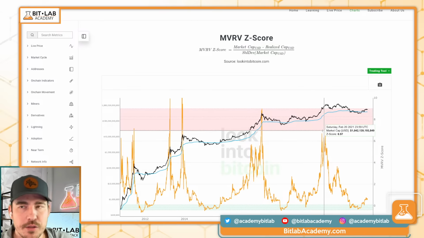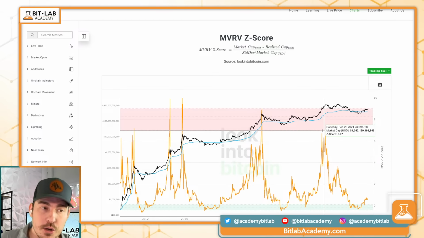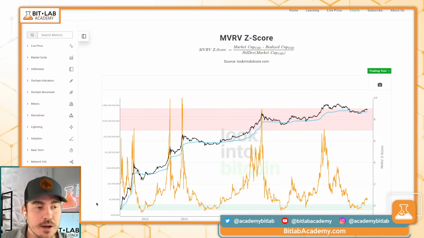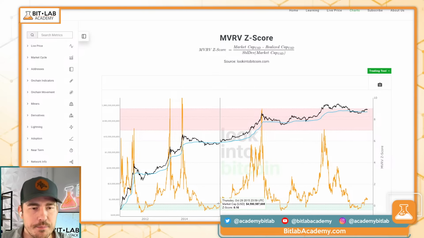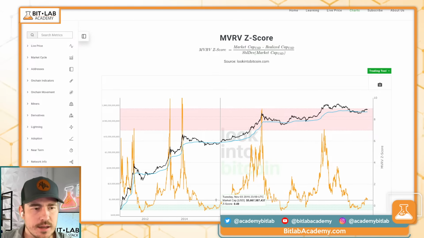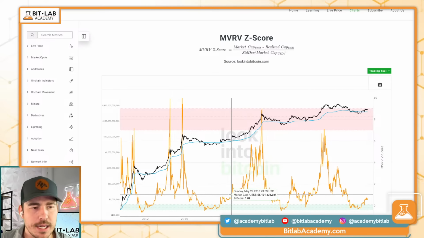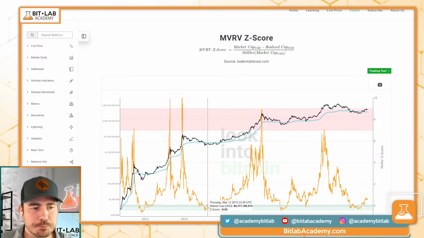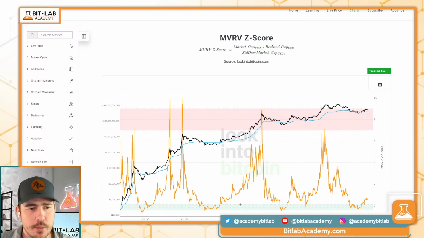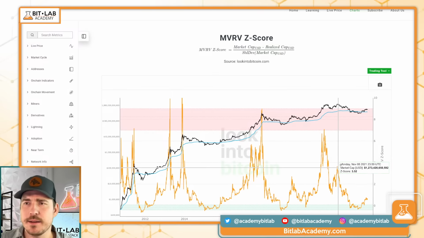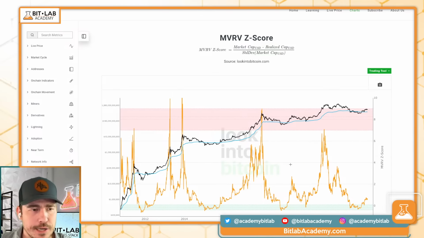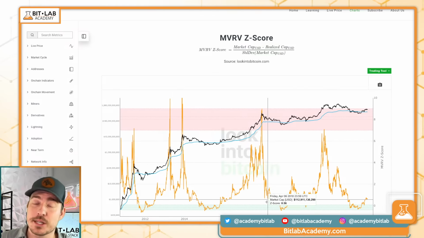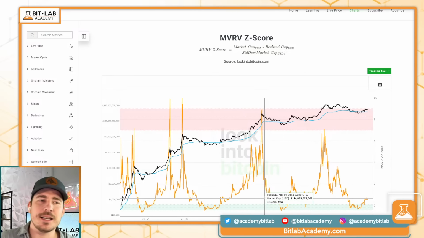Now, on the lows, when you're trying to identify likely bottoms, we see the MVRV Z-score coming way down here below the one line, which is about right here, but down here in this green bar that we have right here. Many of these on-chain data metrics from different sites look fairly different, but we can identify in the future, if you did miss the bottom, start utilizing not only the price action.